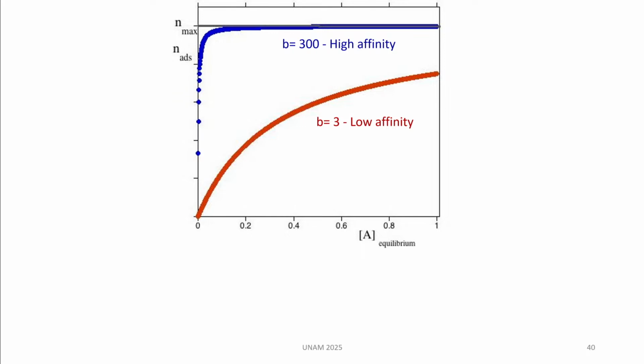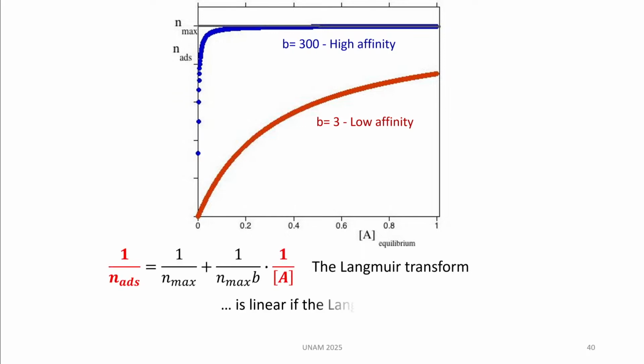Well, sometimes it's not obvious to recognize from these isotherms if the data follow a Langmuir model or not. But you can have an easy check of the validity of the model by taking the so-called Langmuir transform.